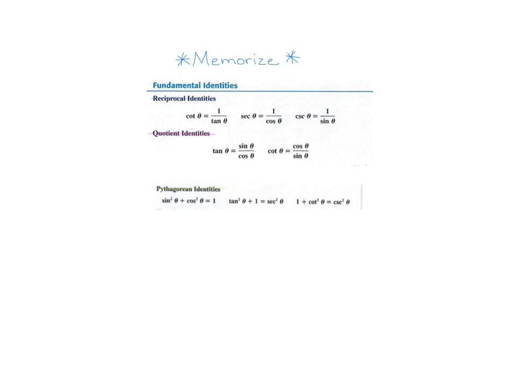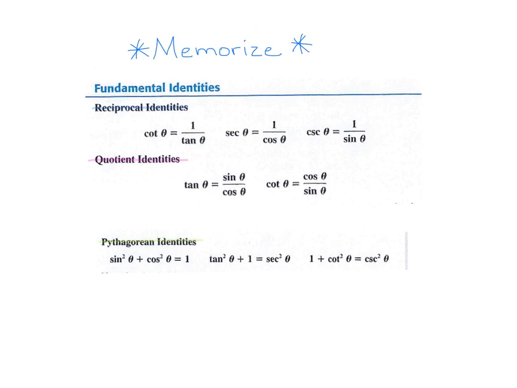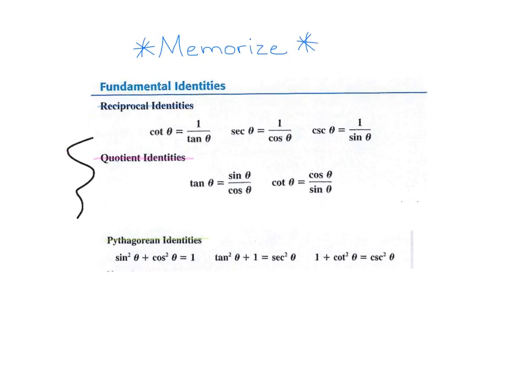Now, we've worked with these reciprocal identities quite often. We've seen that the reciprocal of cotangent is tangent, the reciprocal of secant is cosine, and cosecant is sine. Now, we were shown the quotient identities back in chapter 5, but we never did anything with those.